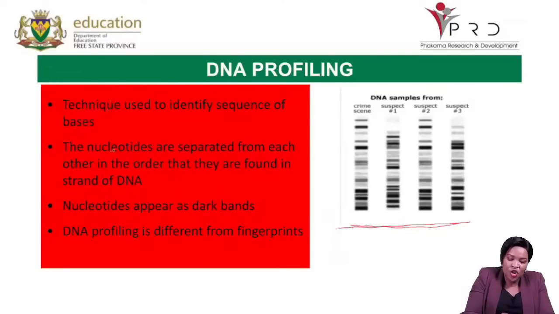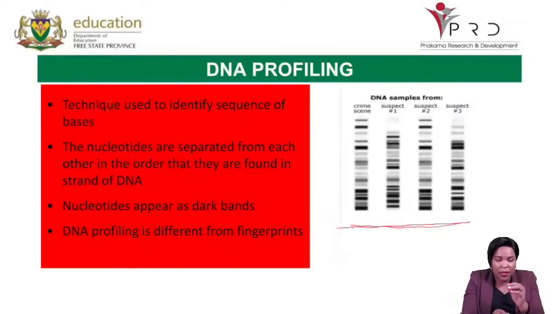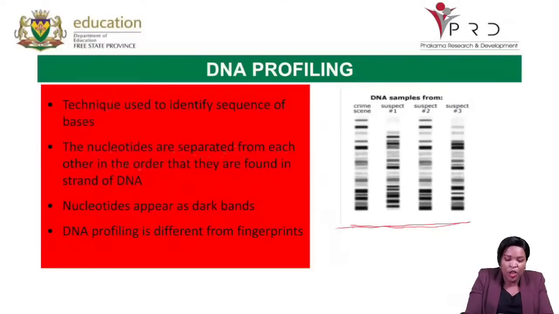Now, the nucleotides, meaning all the building blocks, are separated. Why do you separate it? Because you want to see the nitrogenous bases separated from each other into the order that they are found in the strand of DNA. Then they will be put in that order. Then the nucleotides are the ones that are going to appear as dark bands. So you see these dark bands here.